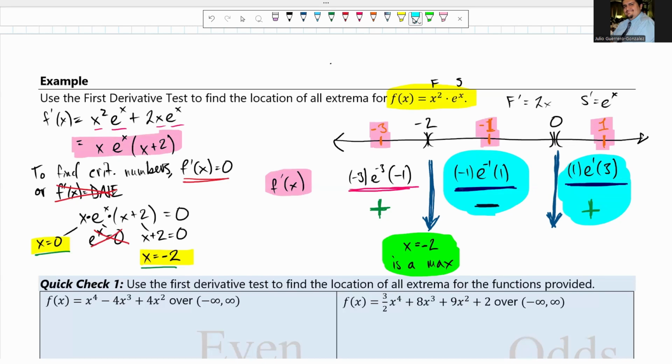After 0, my slopes are positive, which means my function is increasing. Slopes negative before, slopes afterwards are positive. That is a minimum.